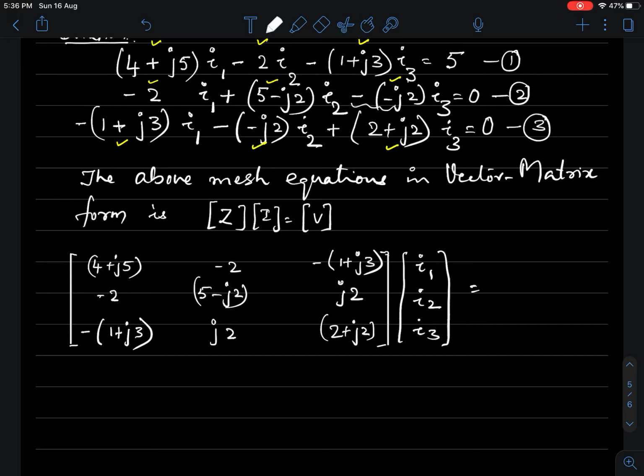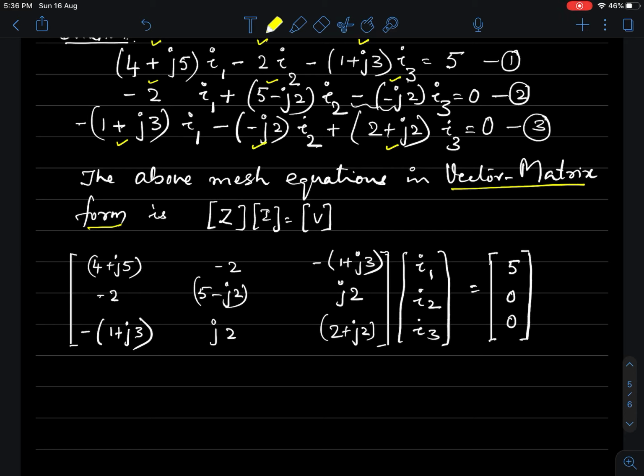This is equal to all the voltages: 5, 0, 0. So this matrix is written like this. This is what we call vector matrix form, writing the equation in vector matrix form.